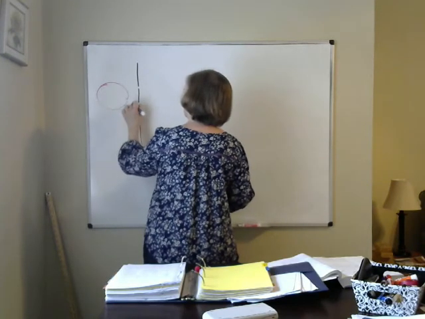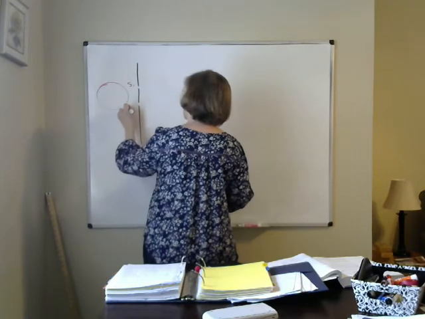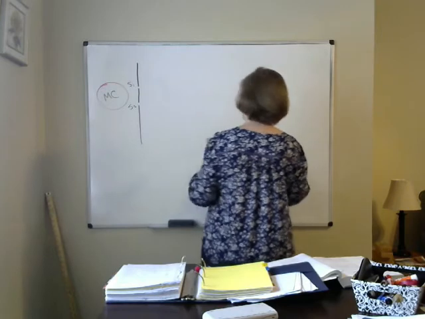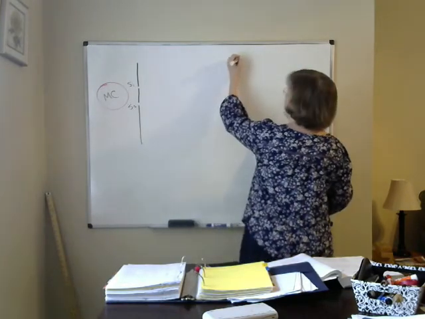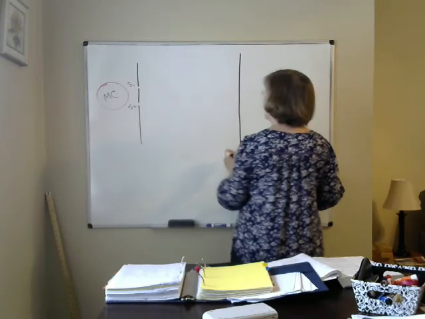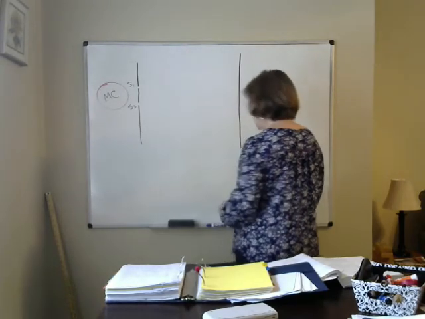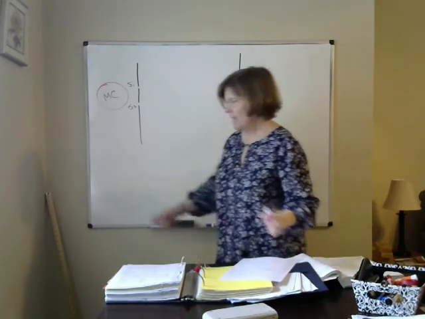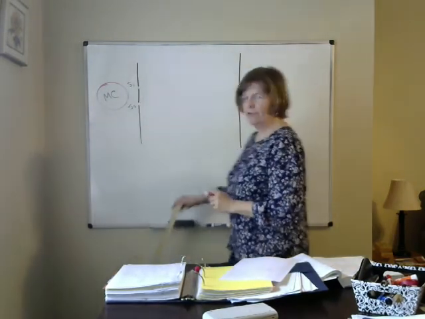Here's slit 2. Remember, this is monochromatic, coherent light. I put a screen over here, and I let this shine on the screen. We're going to get patterns made up of light and dark, okay? I think you'll see this when you do your master in physics. I think they'll have one of the simulations where you see this.